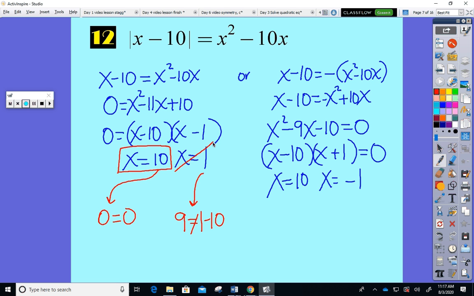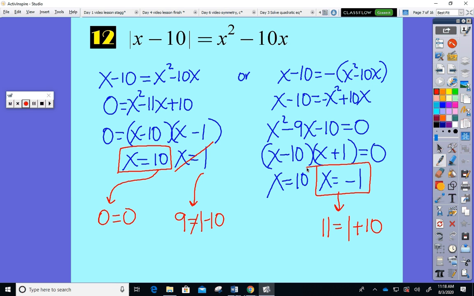So I know 10 works. I'm not going to square it in again because we've already said it's a solution. When I check negative 1, minus 10 is negative 11. The absolute value is a positive 11. Negative 1 squared is positive 1. And negative 10 times negative 1 is plus 10. So do you see that that one is working? So these are my 2 solutions.